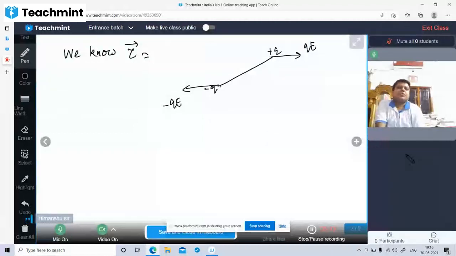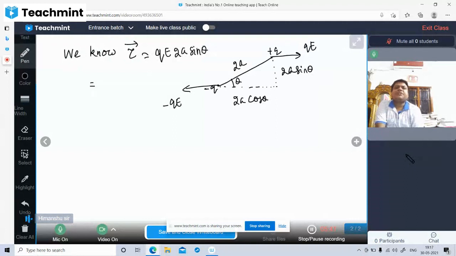Then take either of the forces and the perpendicular distance. The perpendicular distance is this one. So this is 2a, here it is 2a cos theta, and here it is 2a sin theta. So tau is equal to QE times 2a sin theta.